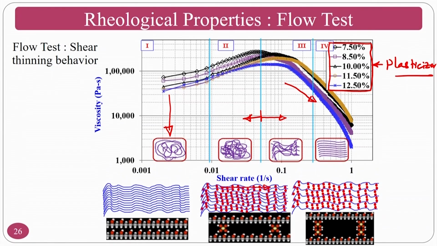How will it reduce? If you do not have any plasticizer, then the viscosity of the fluid is very high. If you impart the plasticizer, normally polymer is a high molecular weight material, and plasticizer is a low molecular weight material. When you try to blend these two, the low molecular weight material, that is plasticizer, softeners, will go and sit in between the high molecular weight materials and try to kick them apart.